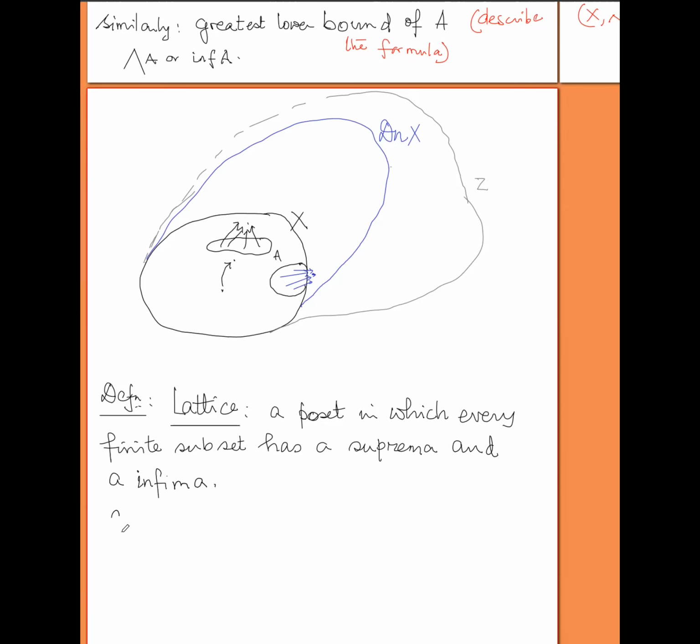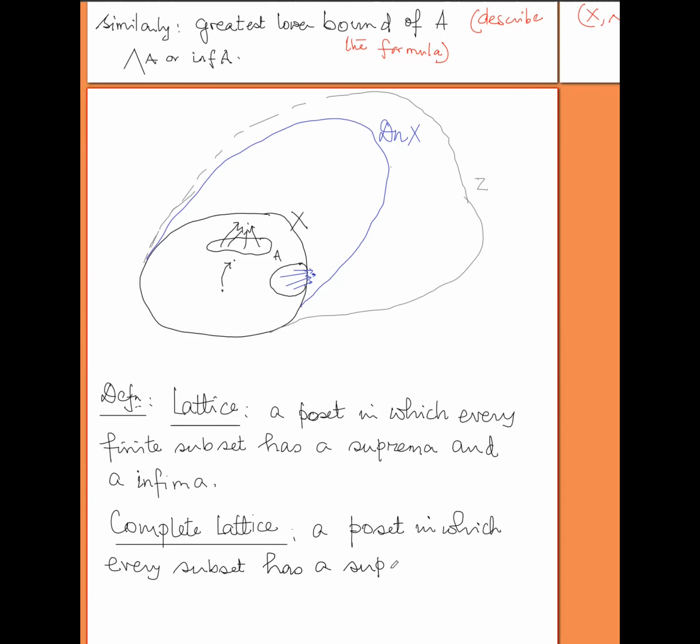A complete lattice is a poset in which every subset has a suprema and an infima.